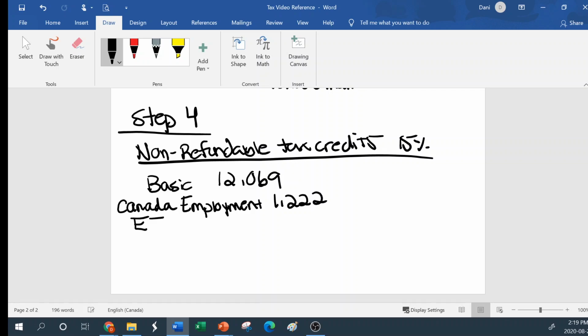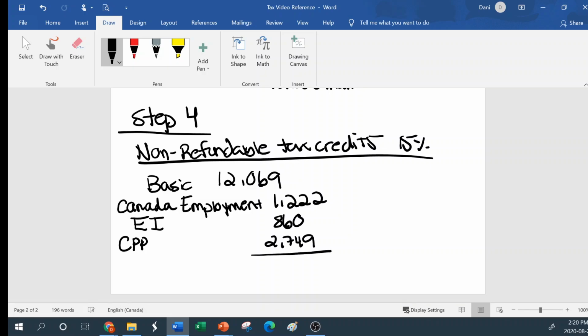Also, the individual would pay into EI. So because they pay into EI every year, they get an EI tax credit of $860 and CPP for $2,749. Now, all of these numbers are going to be provided to you, or you could look them up online depending on whatever year you're filing taxes for. So in our case, we're looking at taxes for 2019. These rates will all have changed from 2018, so it's important to look them up every single year.